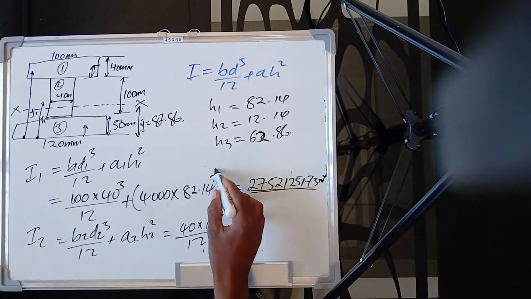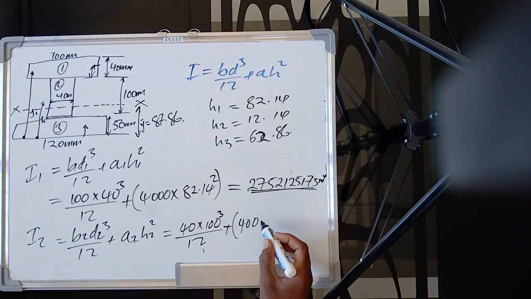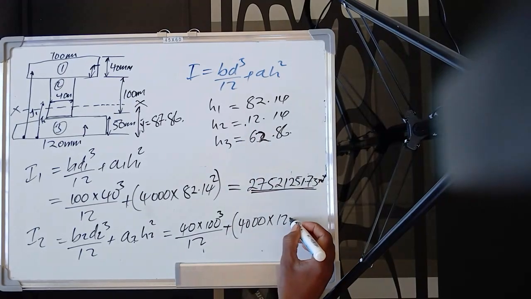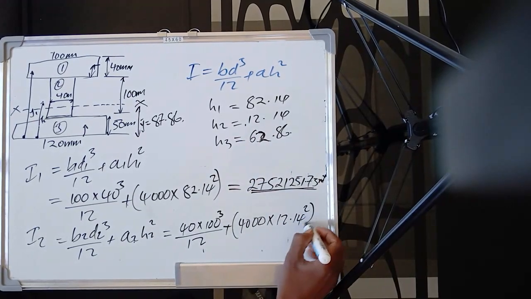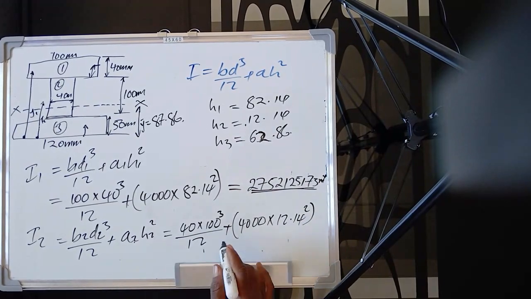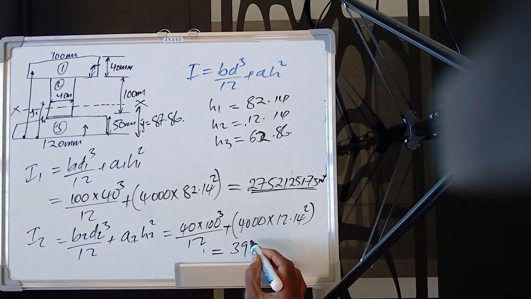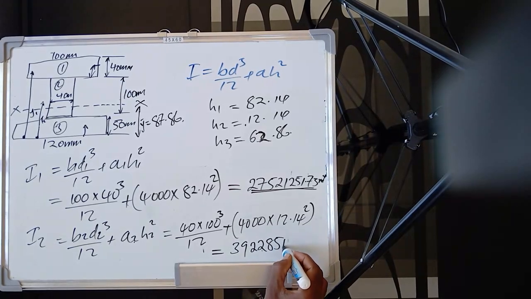I would like to put these in brackets so that it doesn't confuse people. Plus area 4,000 multiplied by H2, which is 12.14 squared. Now, if you do your math correctly, the number in the calculator should give you 22851.73. Okay, let's see what it should give us.